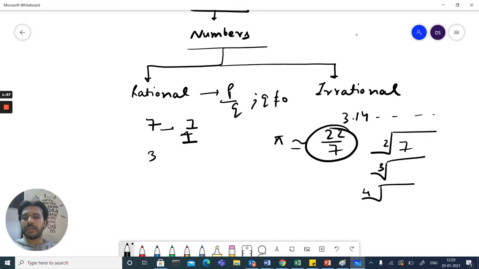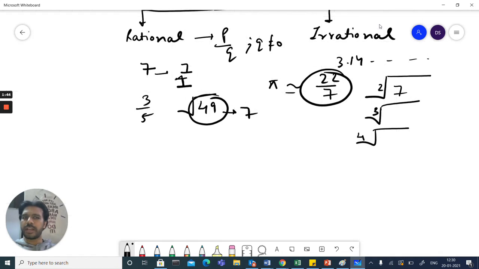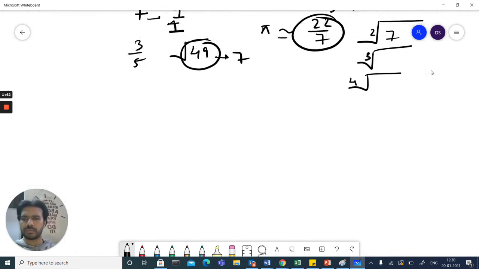While if I write 3 by 5, that's a rational number. Even if I write root of 49, because it's a perfect square, it gives you 7. So it becomes a rational number for us. Now there are more ways to find out rational and irrational. We'll talk about it in a while, but let's first complete our number tree.